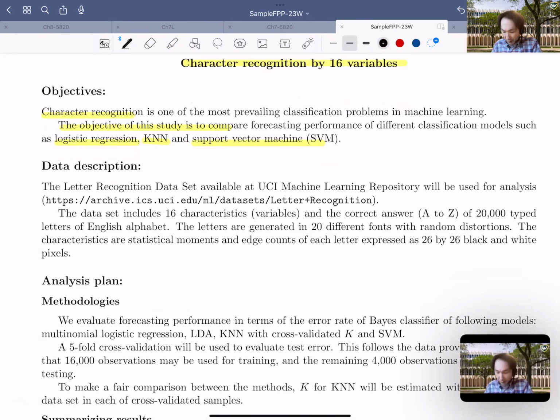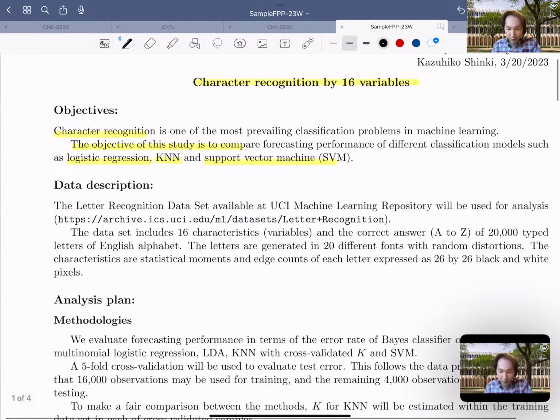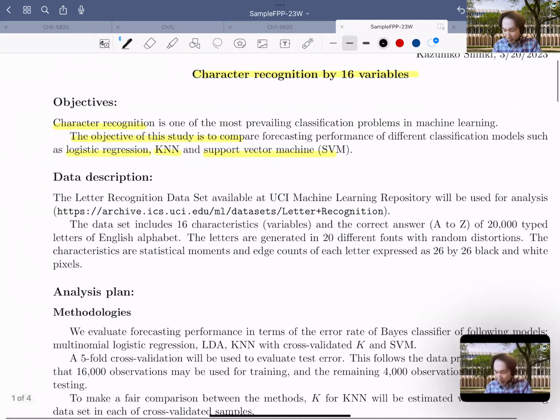This is a good machine learning topic, a pretty popular one. This character recognition isn't really based on images of handwritten characters, but is actually summarized data. Each sample unit is a letter, in different fonts, not really handwritten characters.